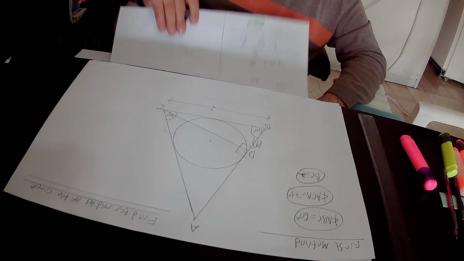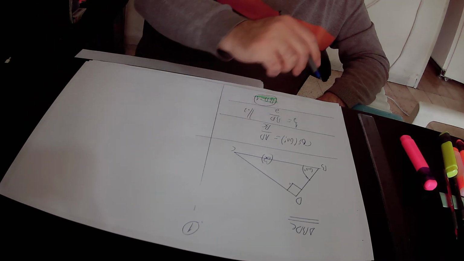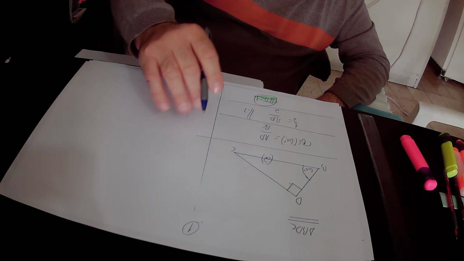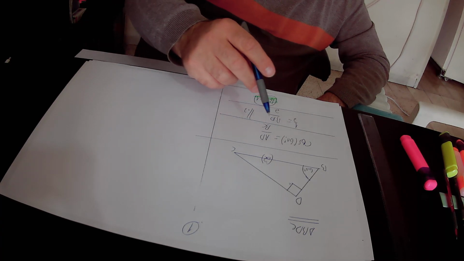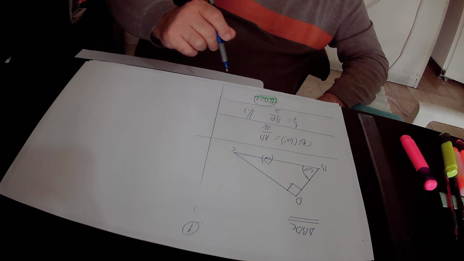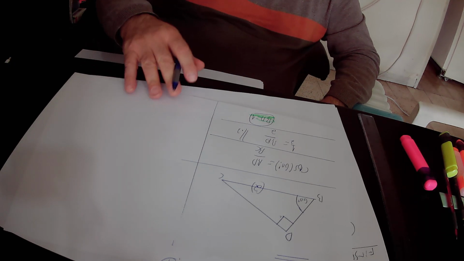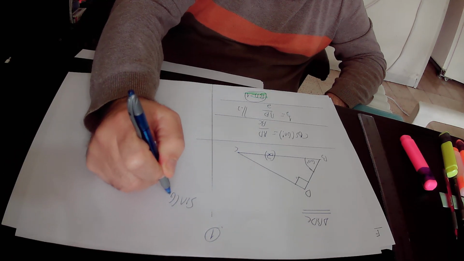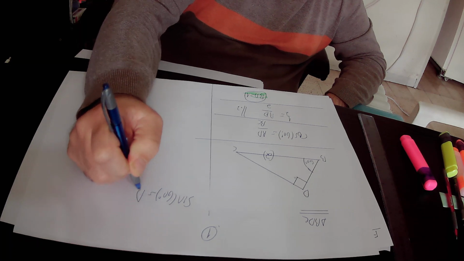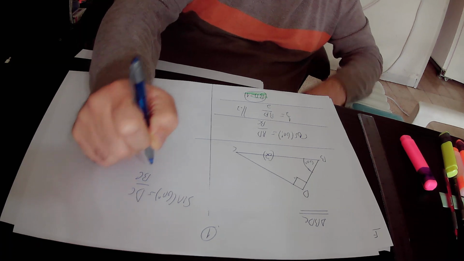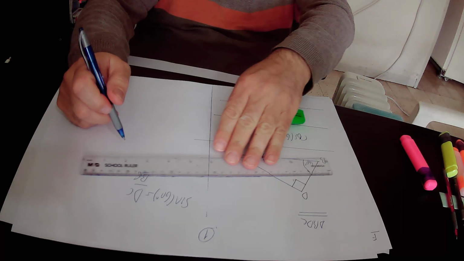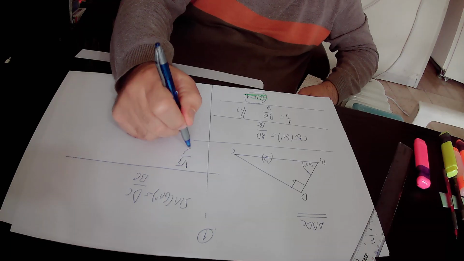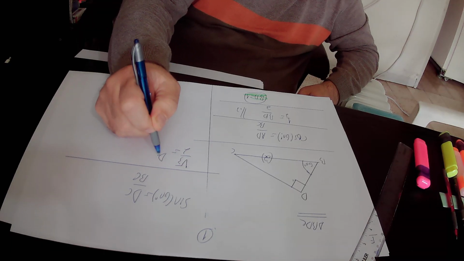We will continue to focus on this right triangle BDC. In this right triangle BDC, sine 60 degrees equals DC over BC. Sine 60 degrees is equal to square root of 3 over 2, and it equals DC over BC.